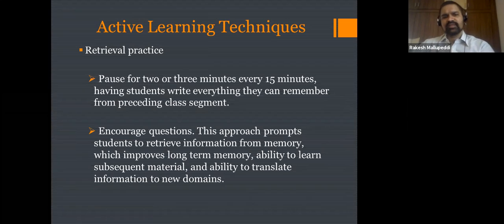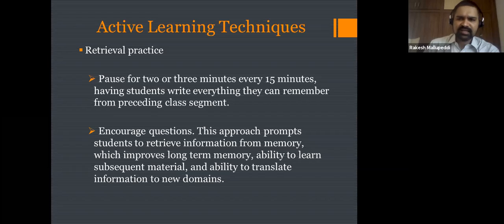I think in the pause procedure, there is more group work where they are sharing with their own peers. Here they write it on their own, and you encourage them to ask questions. So both are of the same type, but the variation of the usage is a little bit different.